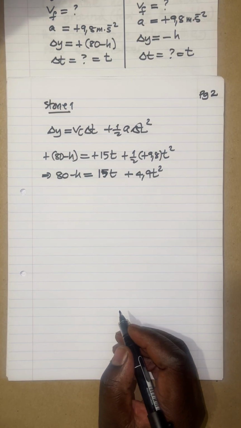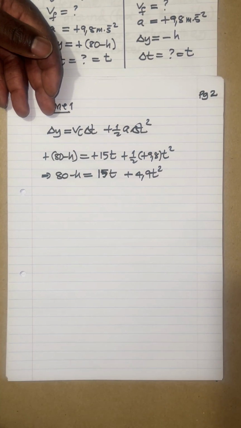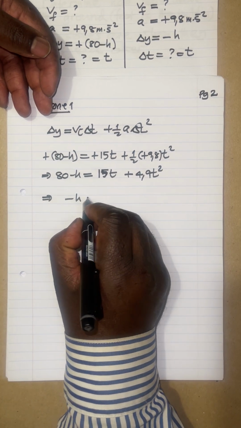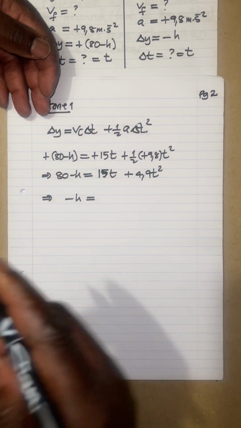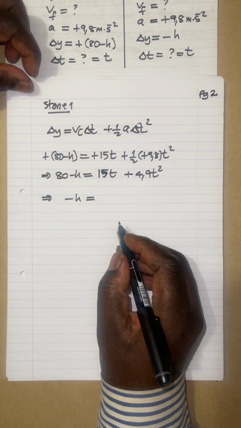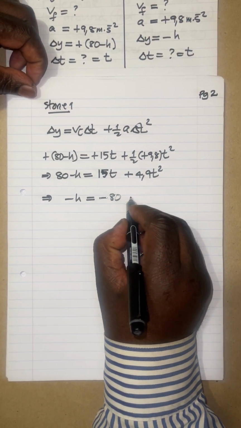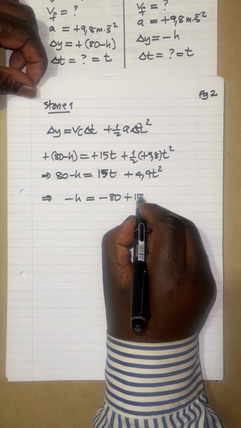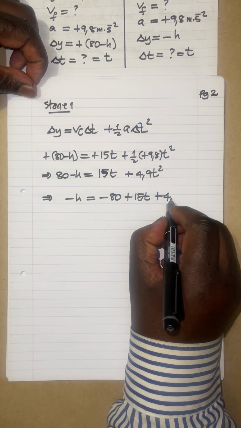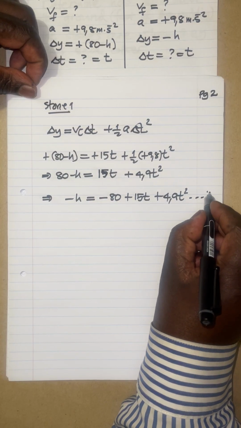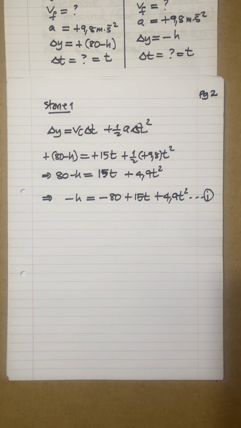Now I'm going to make h the subject of the formula. That means minus h is equal to, take 80 to the other side, minus 80 plus 15t plus 4.9 t squared. Let's call this equation number 1. Stone 1 done. Let's move on to stone 2.